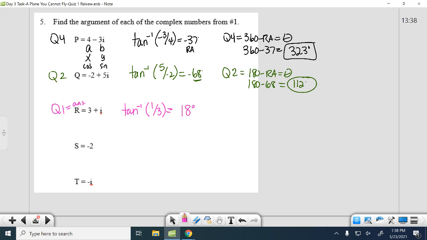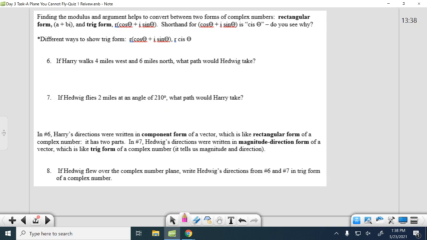Our next one, S, was actually on the x-axis. So that will give you a value that lands on the x-axis, and T was a point that was just on the y-axis. So that will give us a value only on the y-axis. Okay. I'll let you guys try those and see how you do with them. Check your answers online. You got it.